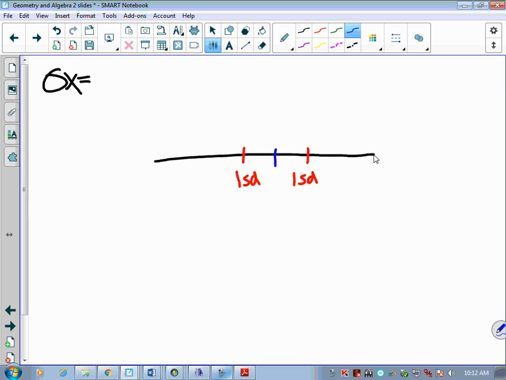Let's say 4 is my mean of distribution, and we have a standard deviation of 2. That means my first standard deviation to the right is going to be 6, and one standard deviation to the left is 2.